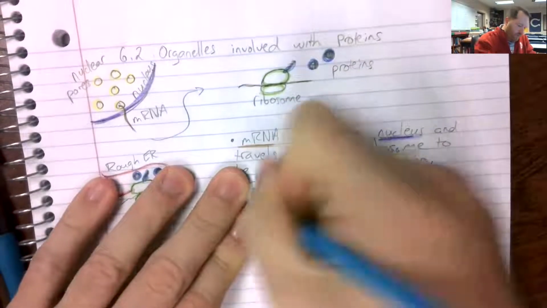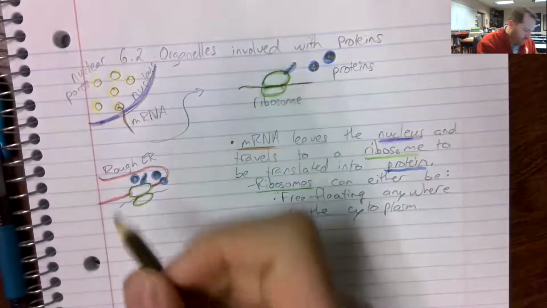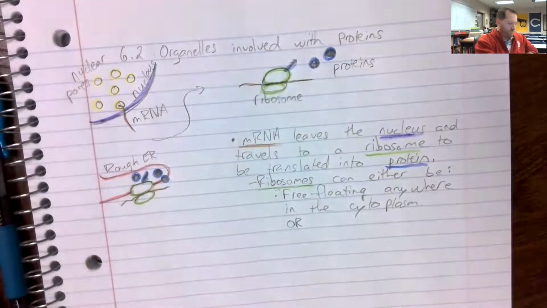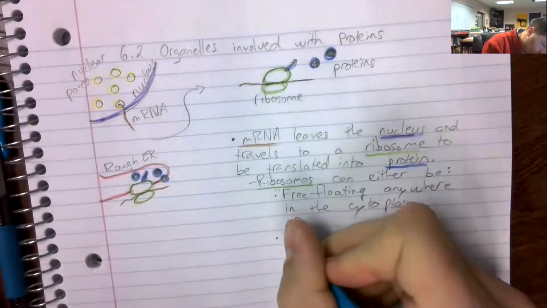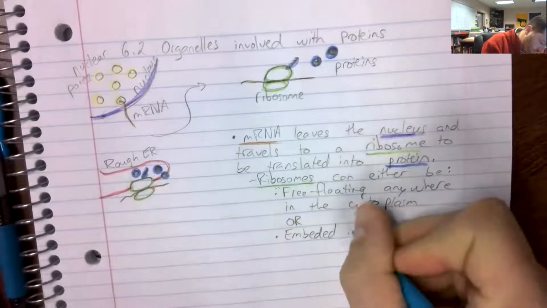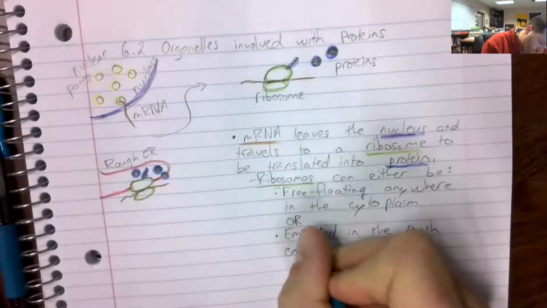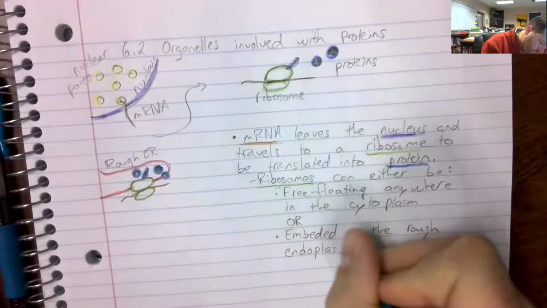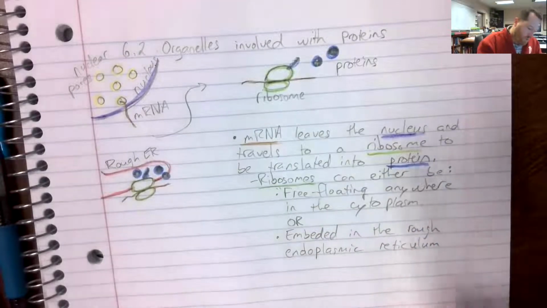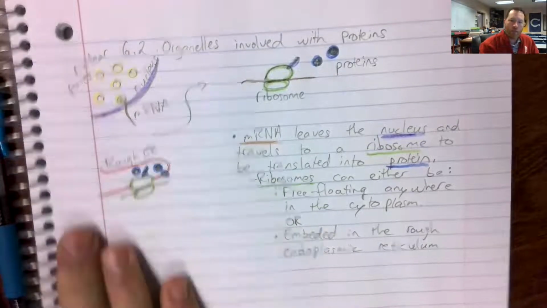So they can either be free floating, just out in the middle of nowhere making proteins wherever proteins need to be made, or they're embedded in what's called the rough endoplasmic reticulum, the rough ER.